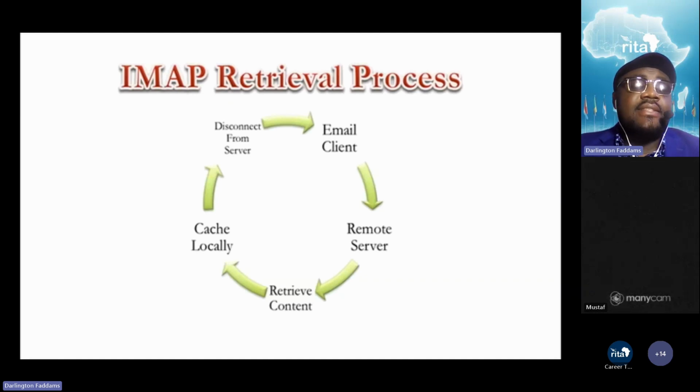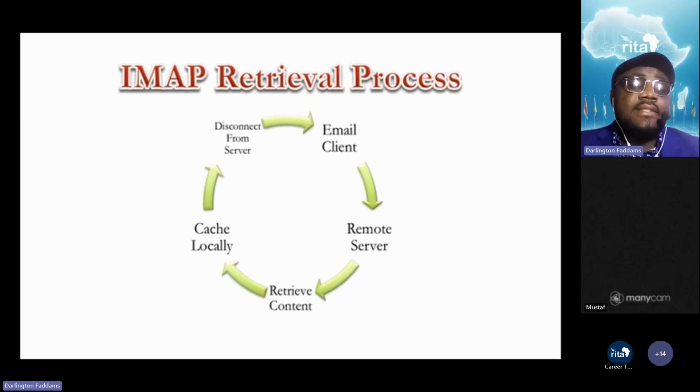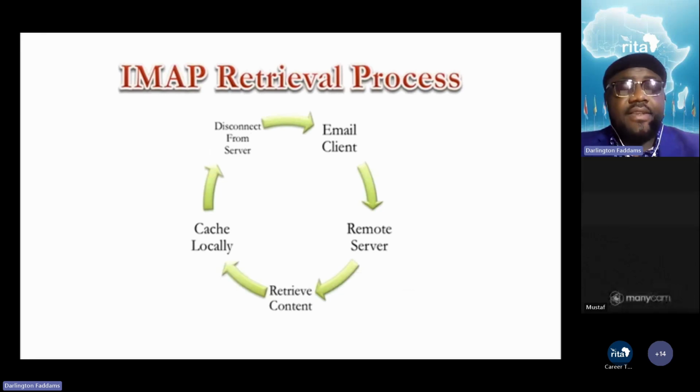Usually it will cache the headers of the email, but then when you click on it to read, you need to connect to the internet before you can read, because it needs to connect to the server. If you don't connect to the server, some of the cached versions may show, some of the text may show, but you can't see the full mail. You can only see the full mail if you have an internet connection. So with this one, after caching, it is connected to the server. So it always has a message on the server.